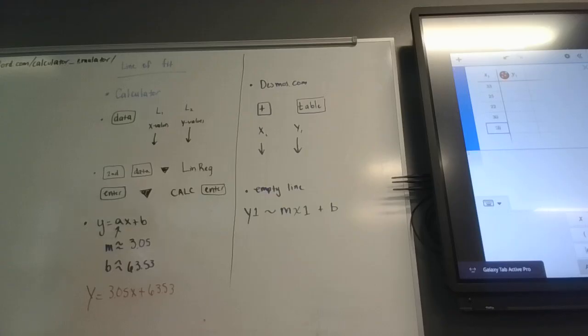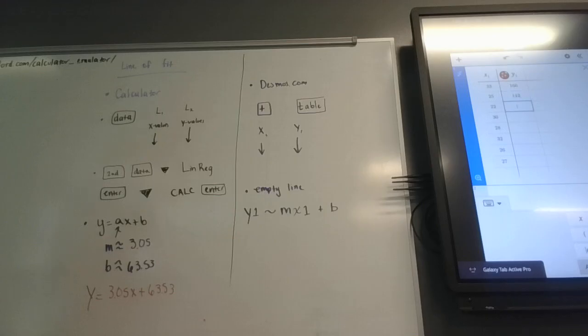28. Are you good? Hit the plus sign and then go to table. 32, enter. 26, enter. 27. So I'm filling in the table about the bones that we already graphed by hand.